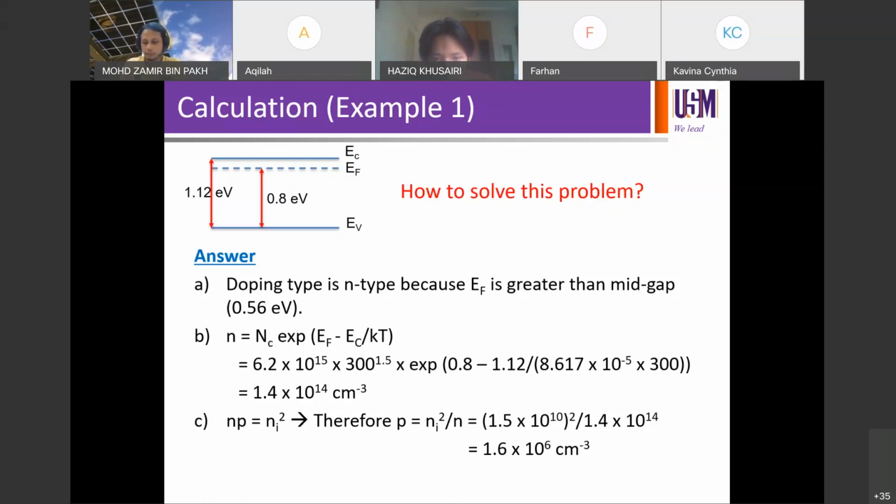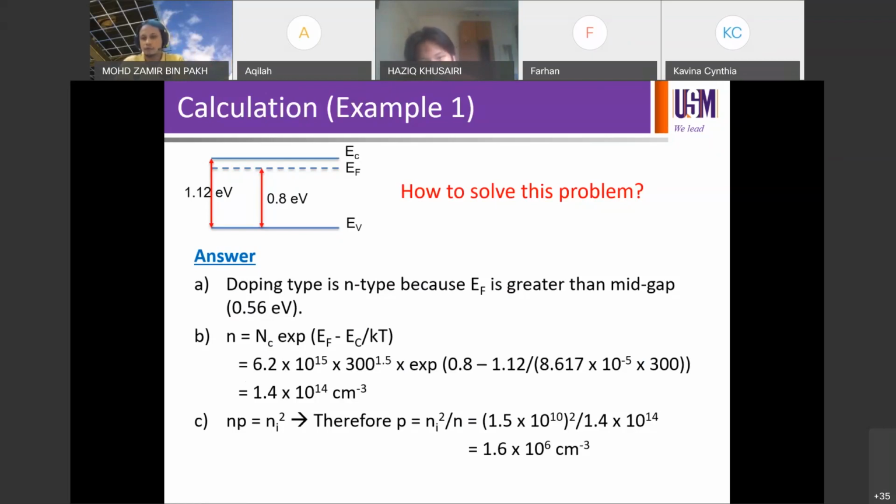Okay, calculate first. Anyone? Did you get it, Faris?